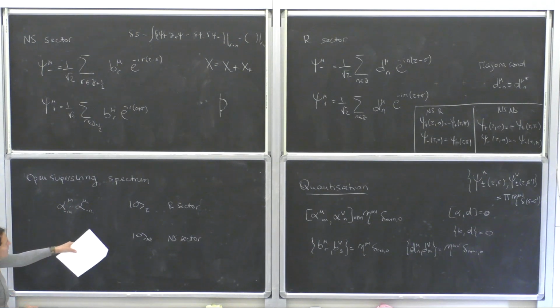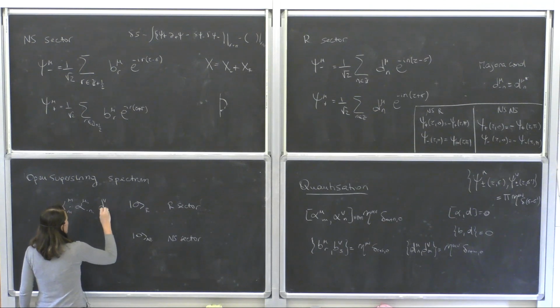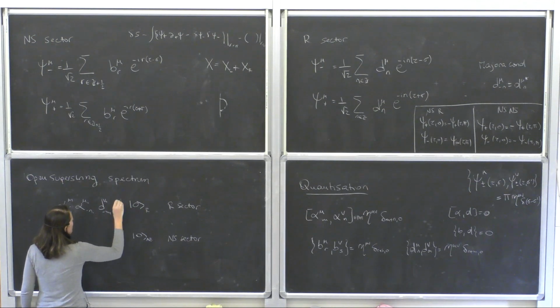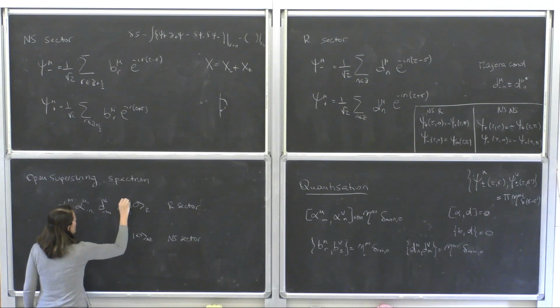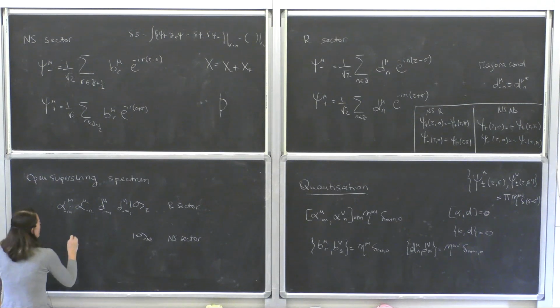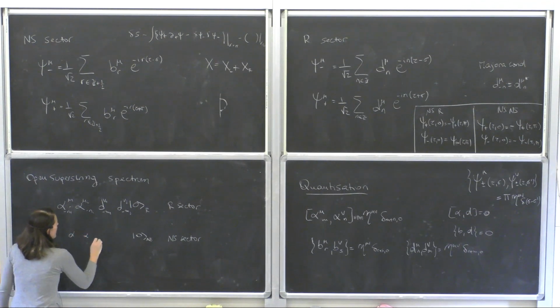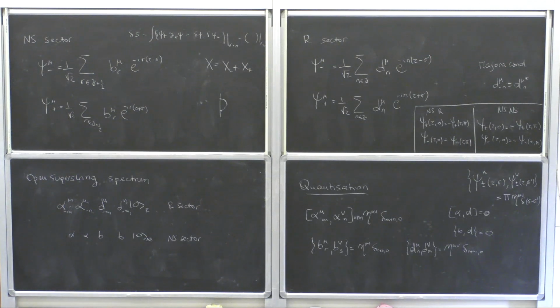If you are in the Ramond sector, then you act with d, the ones that have integer index, d_{-m_1}^{nu_1}, up to d_{-m_j}^{nu_j}. And if you are in the NS sector, you have the alphas and the b's.